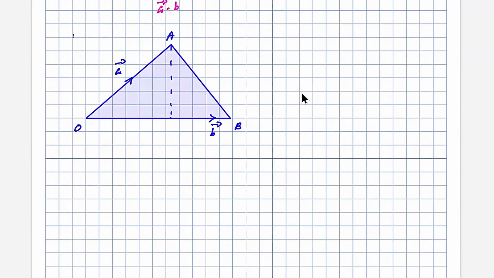So my intention is area is equal to half times B vector magnitude times AC distance. AC distance, I'm going to write in this way.